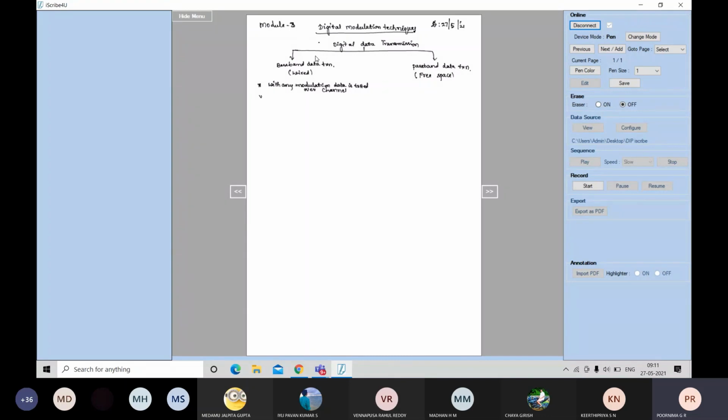Next, baseband signals have frequency components and power at low values. So this baseband data transmission will have frequency and power components at low values, not only low frequencies, at low values.